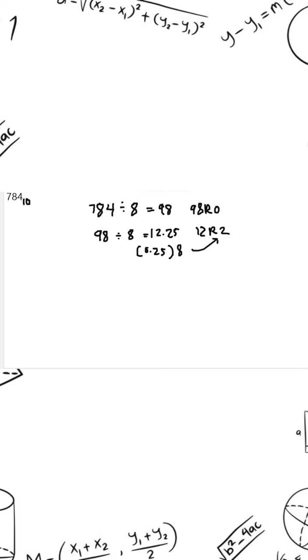So now we can take 12 and divide it by 8 again. 12 divided by 8 is going to be 1.5. So we got 1 here, and we got 0.5 multiplied by 8, and that's going to be our remainder. So half of 8 is going to be 4.